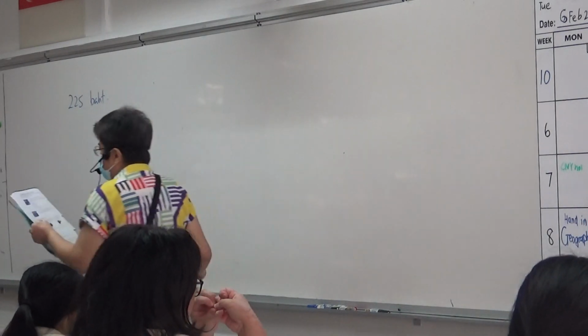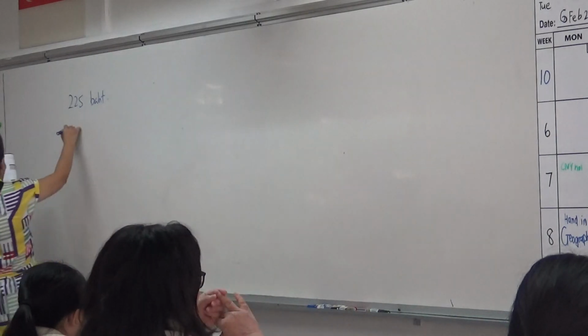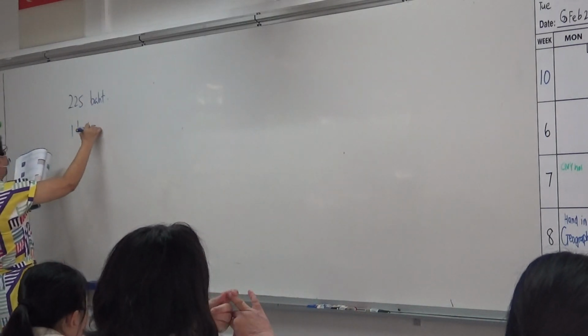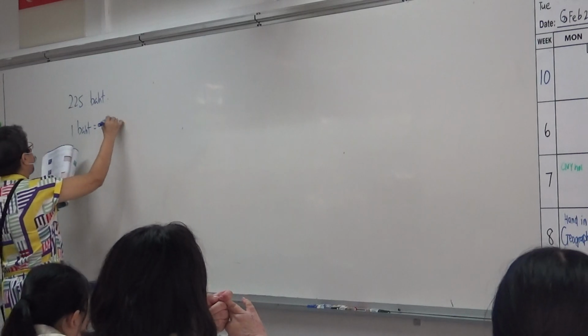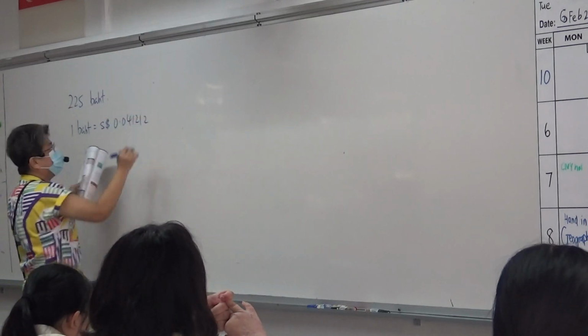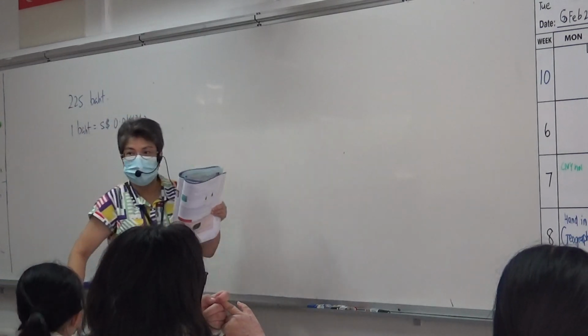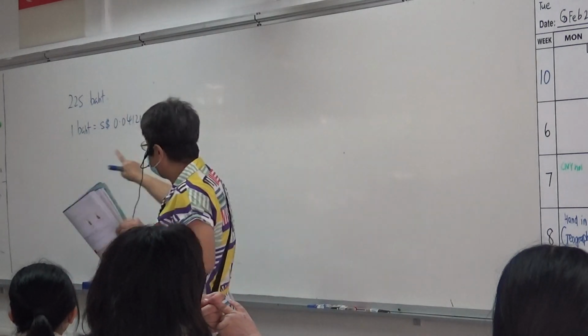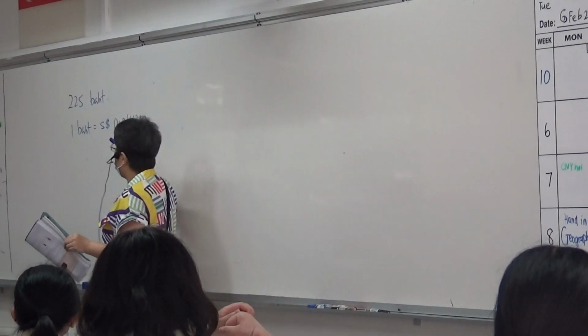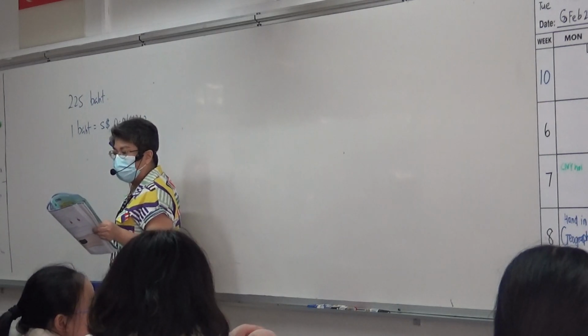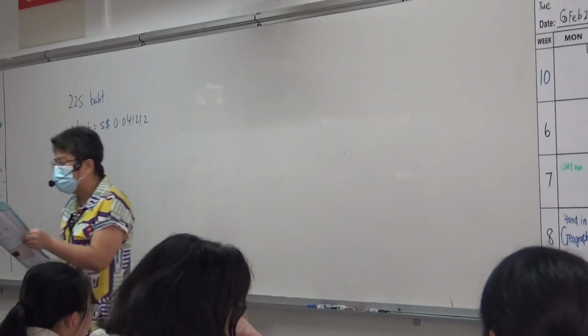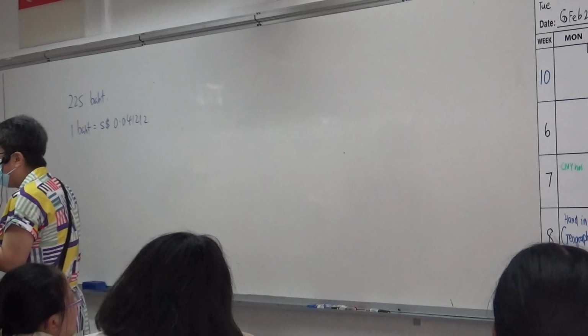Now, the conversion rate is what? 1 baht is 0.041212 Singapore dollars. Well, can you see it's a long number, right? This is about 4 cents, right? Yours is what? 0.0099.